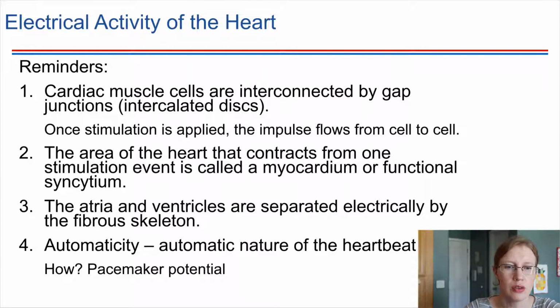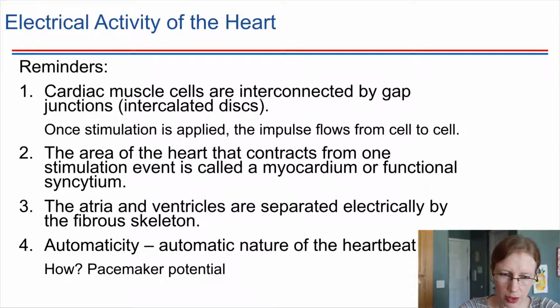So we refer to those two different sections as myocardia, functional units of the heart in terms of the muscular activity. We'll see the electrical differences in just a minute. What provides a separation between those is the fibrous skeleton of the heart. So there's an electrical separation between the upper and lower chambers of the heart.